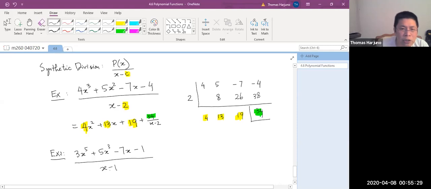Maybe, how about if I change that to be plus 1? And I make it plus 1 also here. I change this one. It was negative. Now I make it plus. Okay, try this.